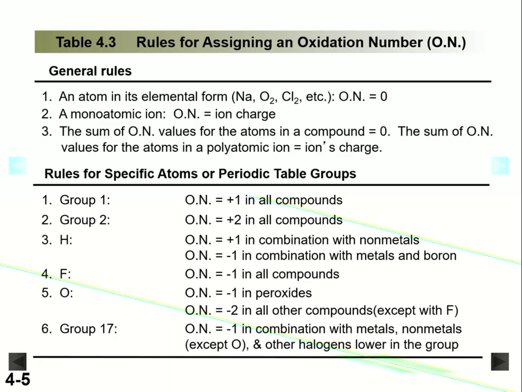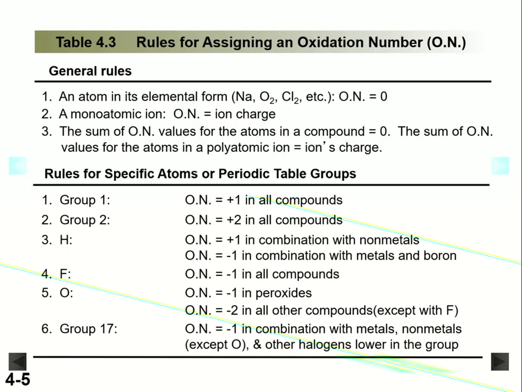The third general rule: the sum of the oxidation numbers for all the atoms in a compound add up to 0. The sum of the oxidation number values for the atoms in a polyatomic ion add up to the ion's overall charge.